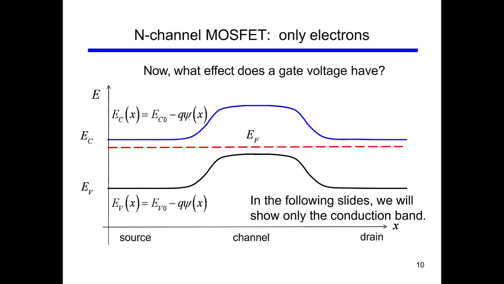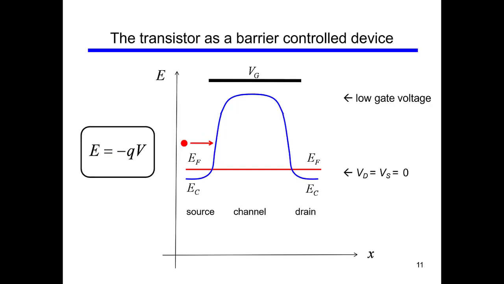And what will happen is that when you apply a voltage, the barrier will go down. So this is the picture that shows the barrier. On this side you have the source, on this side you have the drain, and you have a potential hill that is here.